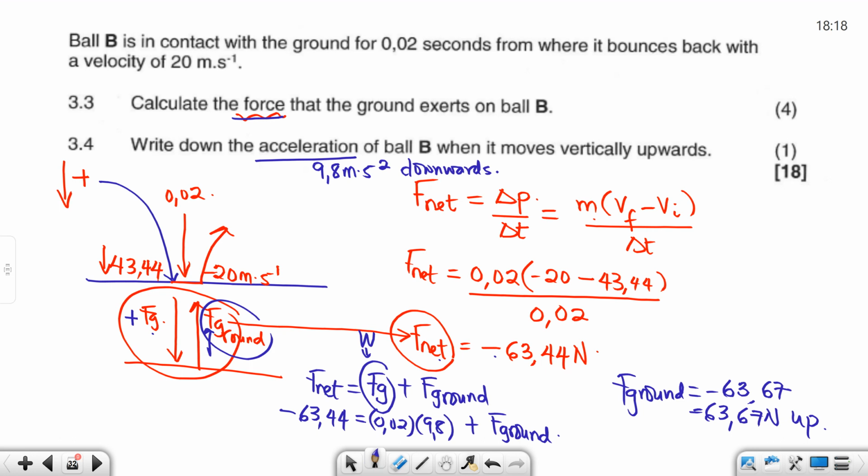No, it's not a trick question. Whether the object is moving up or down, gravity is always acting where? And what's the value? Downwards, no matter what.